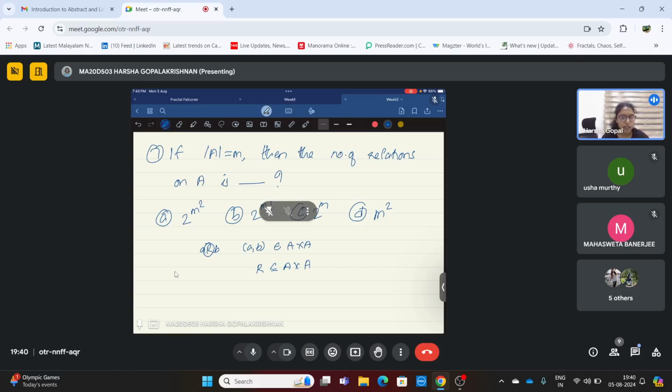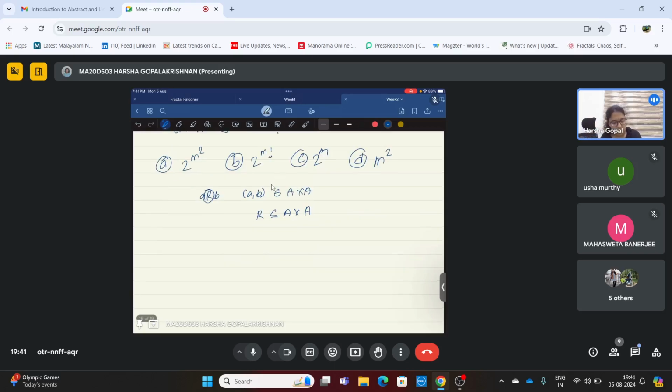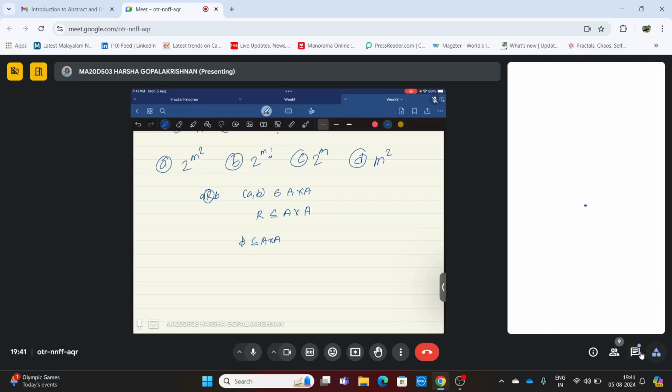Every relation is a subset of A cross A, and every subset we can see as a relation also. It is just an association between some elements. It need not be an equivalence relation. Even the empty set, phi, as a subset of A cross A is also a relation. That means all elements of A are unrelated. So how many subsets are there of A cross A?